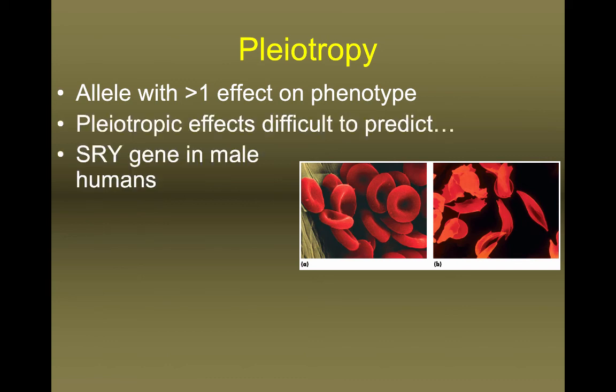So, for example, one of the best examples of pleiotropy is the SRY gene that human males have. The SRY gene is a gene that really, really early on in gestation or development, if you have an SRY gene, and if you do, you're going to be male, that SRY gene is activated, and that triggers a whole lot of changes to take place to convert you from being female into being male.